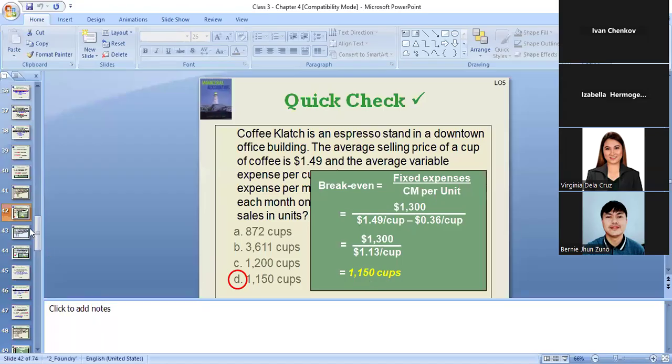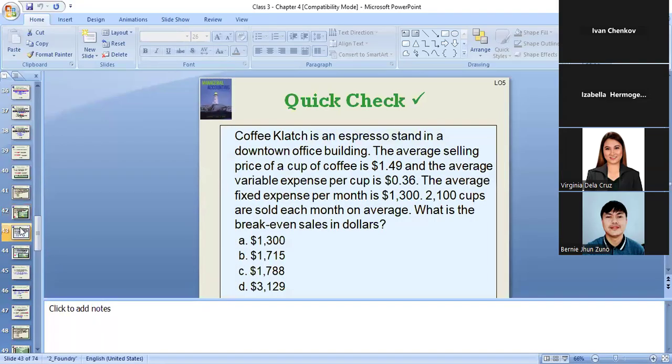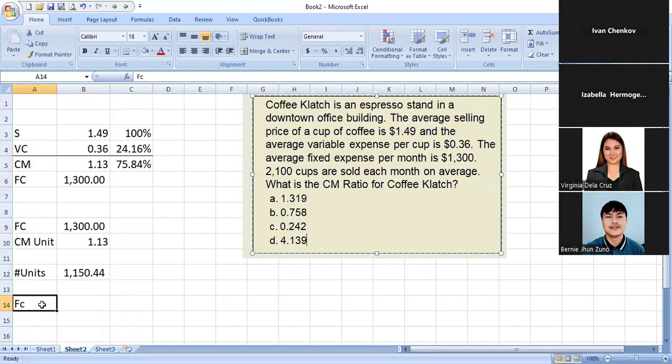1,150 units. The next question will be, what is the break-even point in sales? In order to get the break-even point in sales, we need the fixed cost, which is still 1,300, and we need the contribution margin as a percentage.